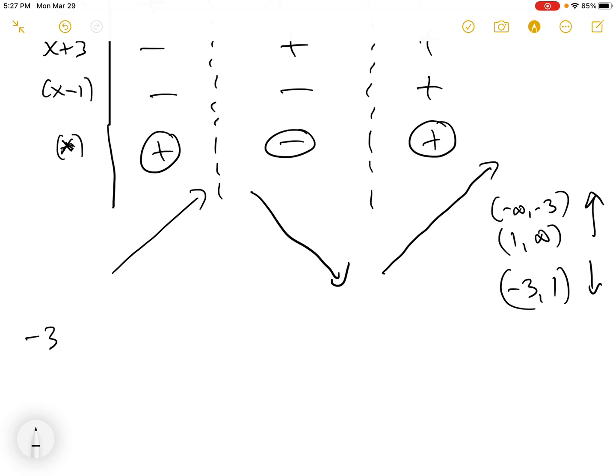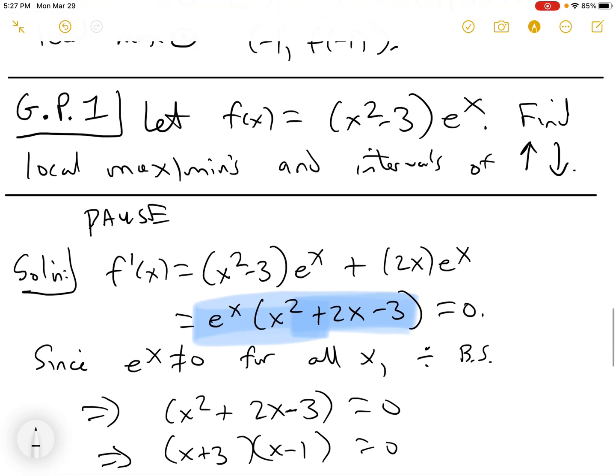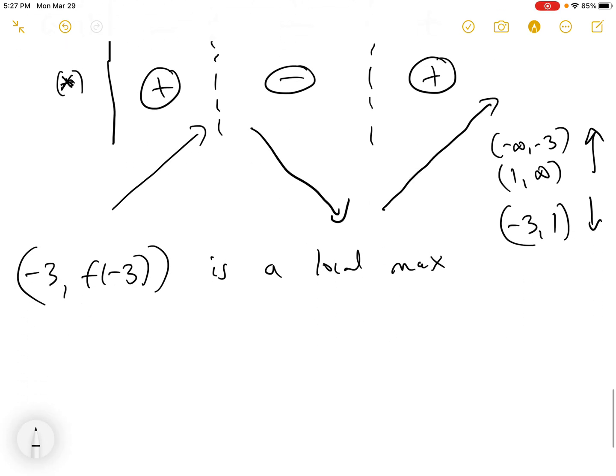So -3, f of -3 is a local max. And what's f of -3? -3 squared is 9, so it's 6e to the -3. So there's your local max.